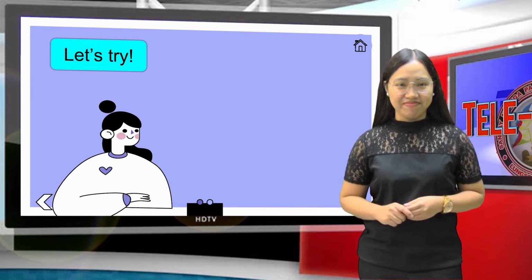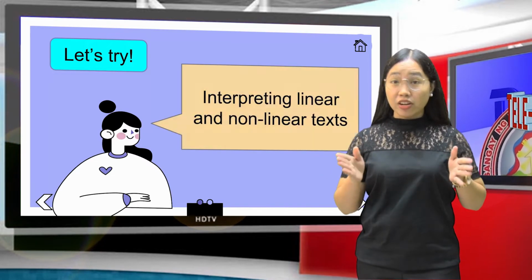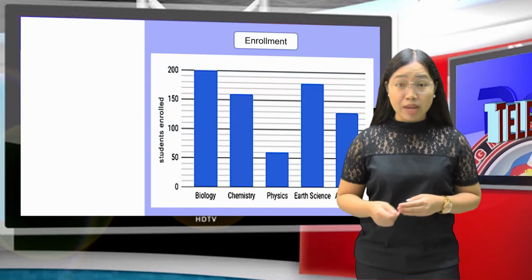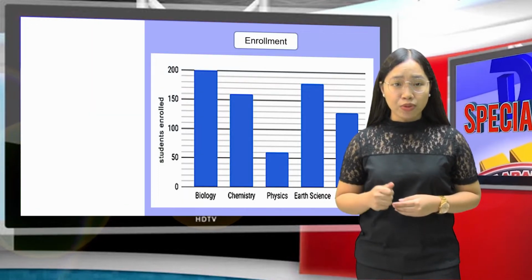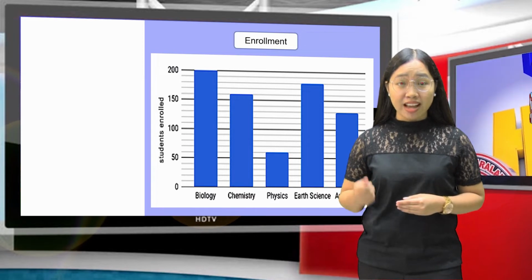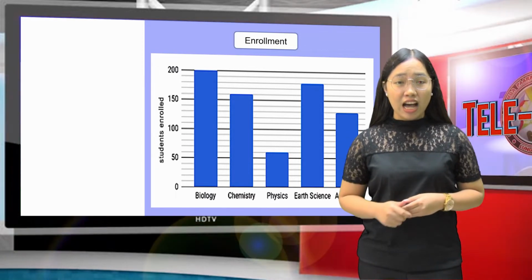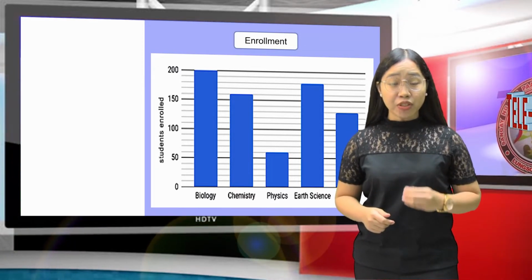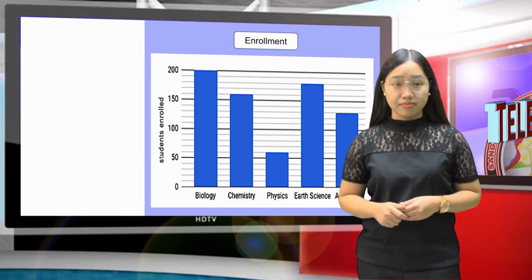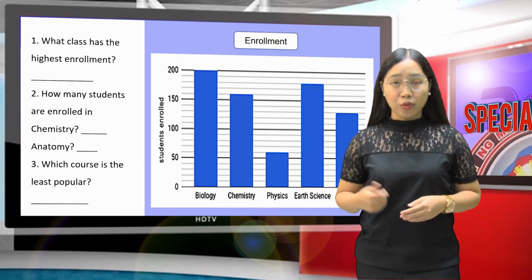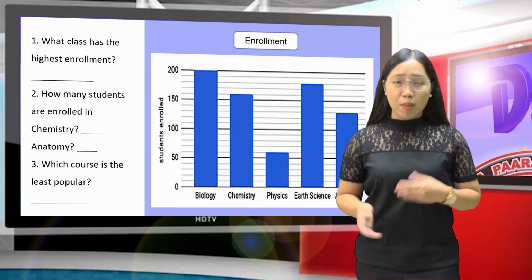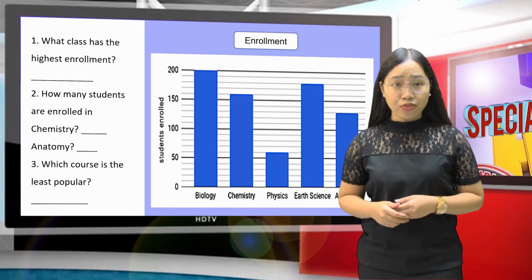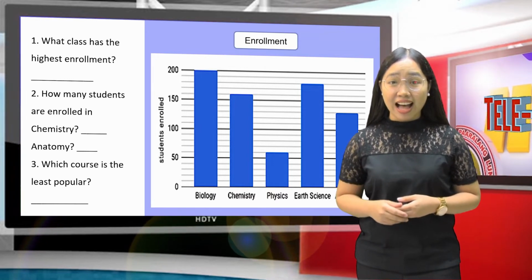Let's try. I have here a graph, specifically a bar graph. This graph compares the number of students enrolled in classes. I want you to study it and answer the following questions. Alright, let's try. Upon studying the bar graph, what class has the highest enrollment?